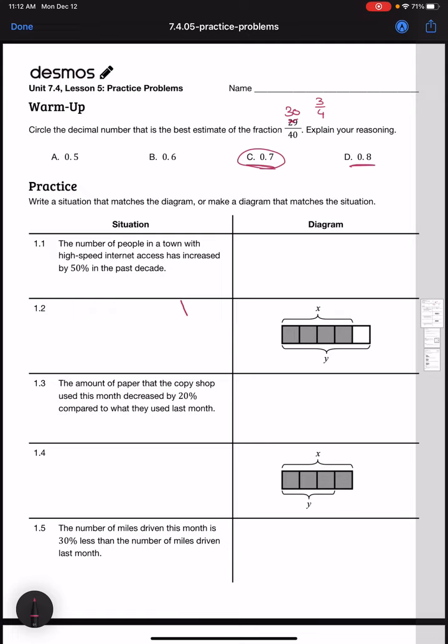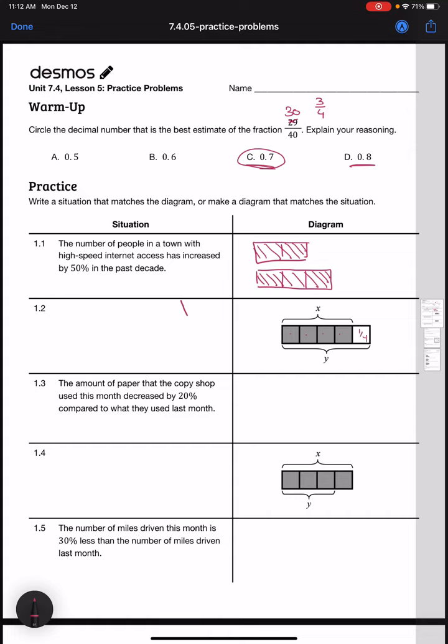So we could have had this many people with high-speed internet, and it has increased 50% over the last decade. So 50% more than 2 is 3. That's what my diagram would look like.